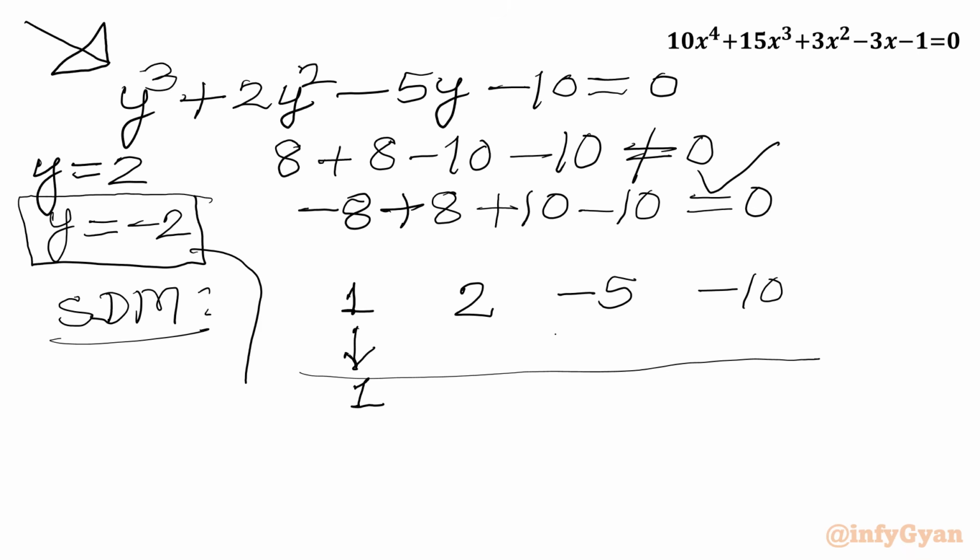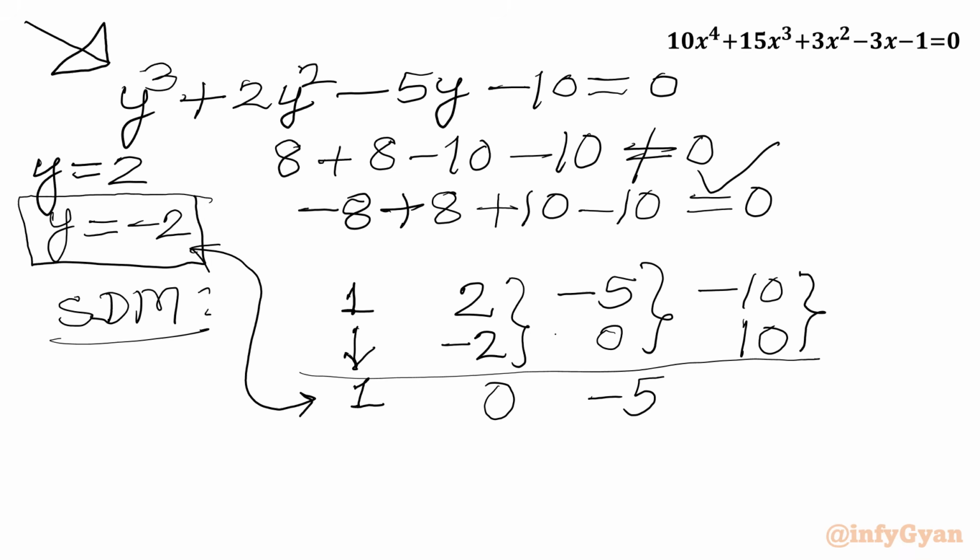Now we will multiply the base solution with this leading coefficient 1. Minus 2 times 1, minus 2. By adding these two, we will get 0. Minus 2 times 0 is 0. By adding these two, we will get minus 5. Minus 2 times minus 5 becomes plus 10. By adding these two, we will get 0.